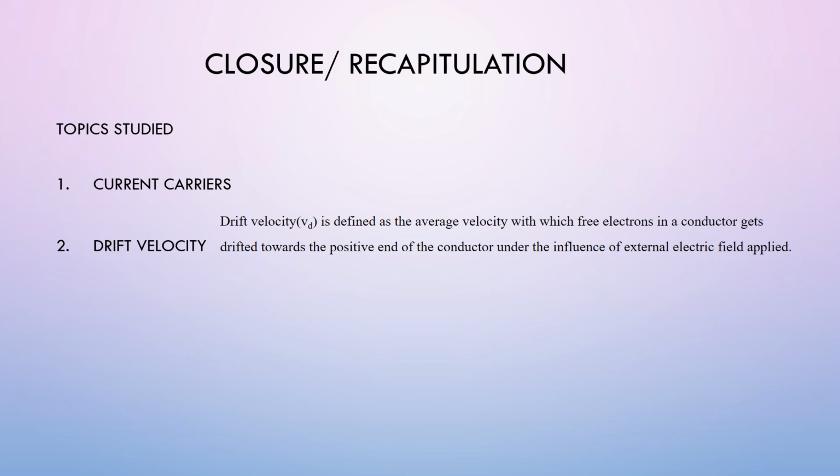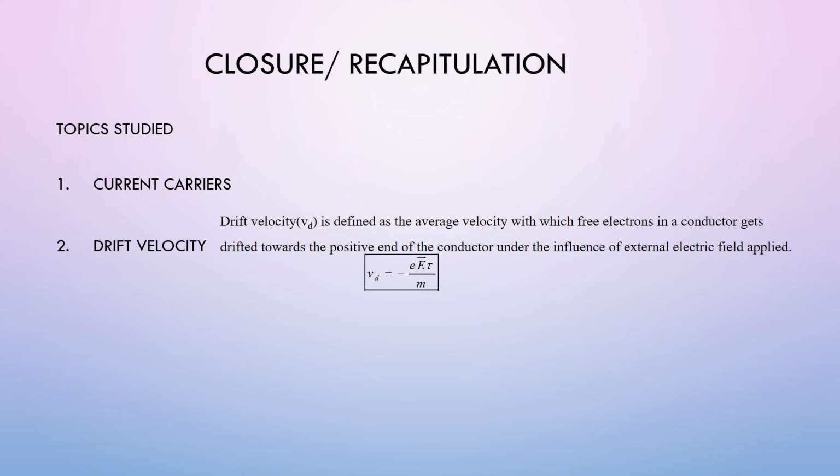Now, let us recapitulate or revise what we have studied. The first topic was current carriers. In solids, it was valence electrons. In liquids, it was ions, and in gases also, it was ions. The second topic was drift velocity. What is drift velocity? It is the average velocity with which electrons drift towards the positive terminal of the battery.